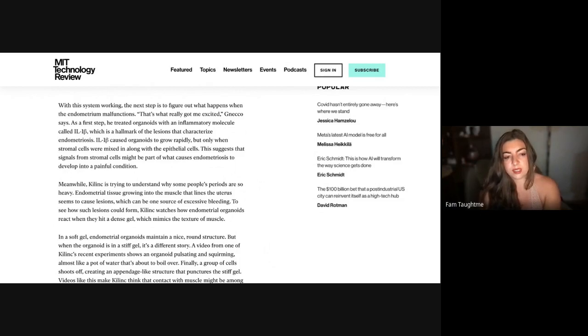So it says with this system working, the next step is to figure out what happens when the endometrium malfunctions. So this is when they start messing with the organoids and seeing how they respond to different treatments, what causes endometriosis to develop into the condition that it is and whatnot.